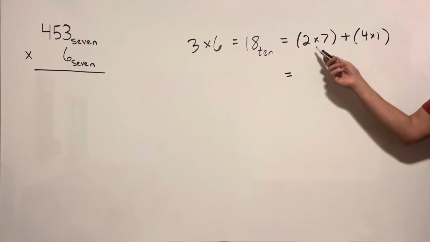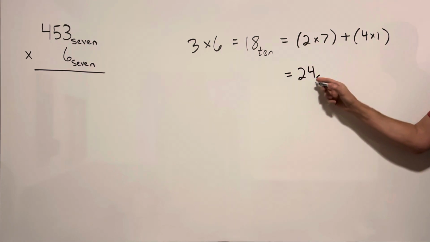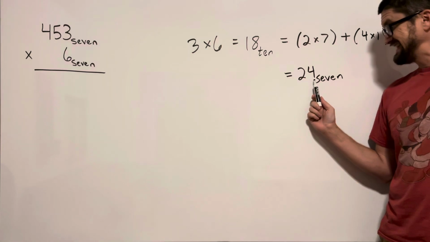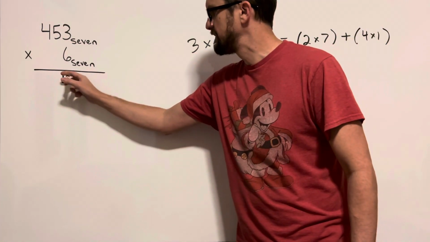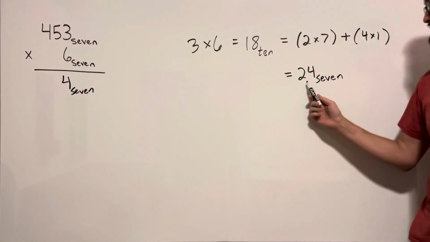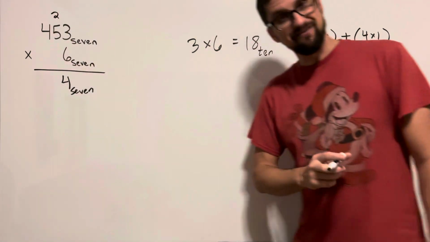So in base 7, it's going to be 2, 4. So what I'm going to do is take this 4 and put it underneath the 6, and the 2 goes up above the 5.